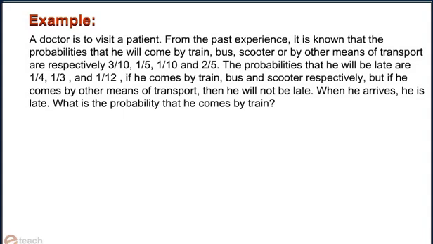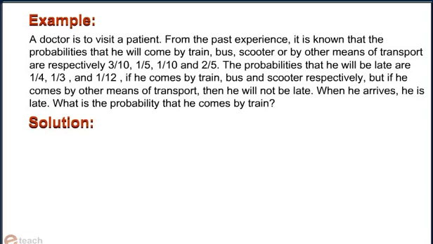The probabilities that he will be late are 1/4, 1/3, and 1/12, if he comes by train, bus, and scooter respectively, but if he comes by other means of transport, then he will not be late. When he arrives, he is late. Then find what is the probability that he comes by train.